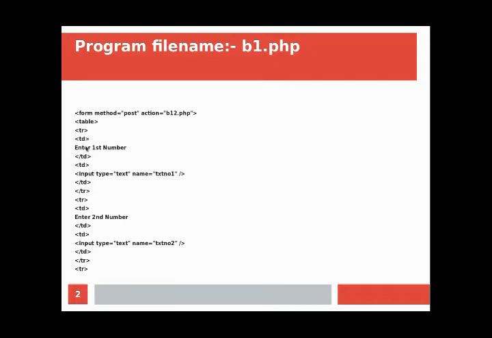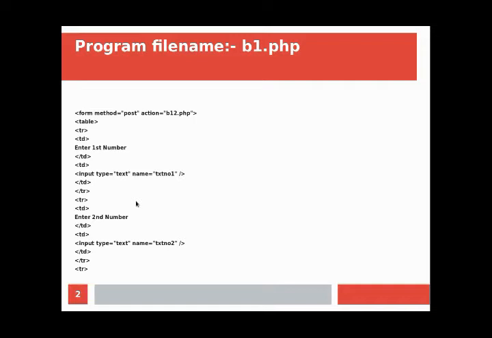Then here we enter first number, close that td, then again td. Here input type equal to "text", name equal to "text number 1". Here we have created the text box for text number 1. Then close that with td, close tr, then another tr, td, again row and column, then enter second number.